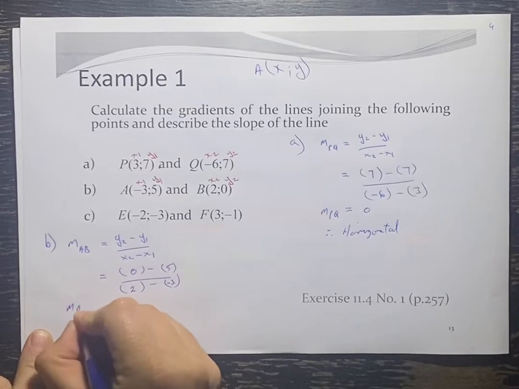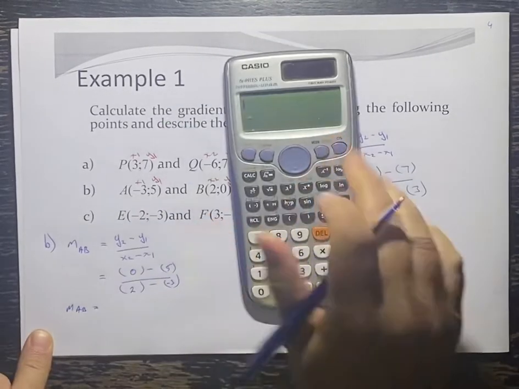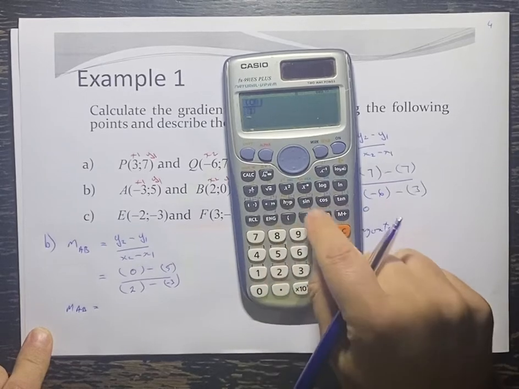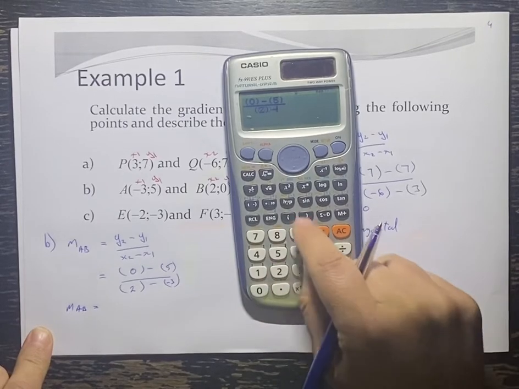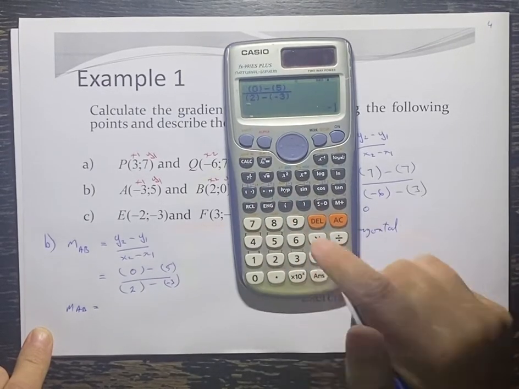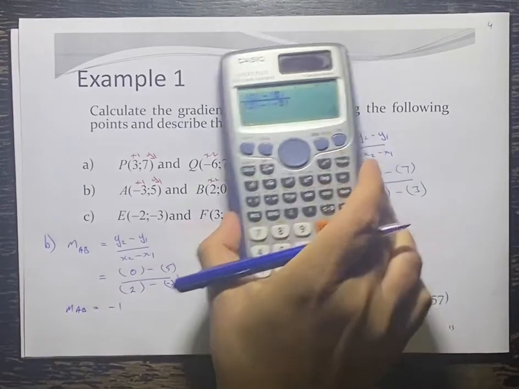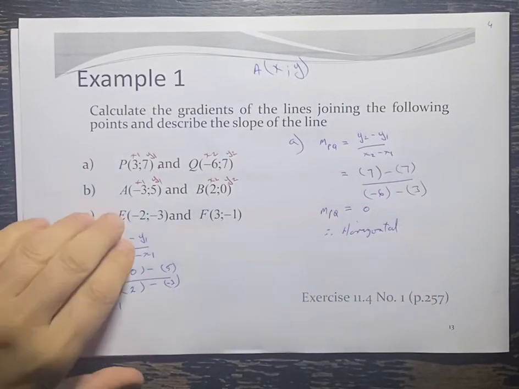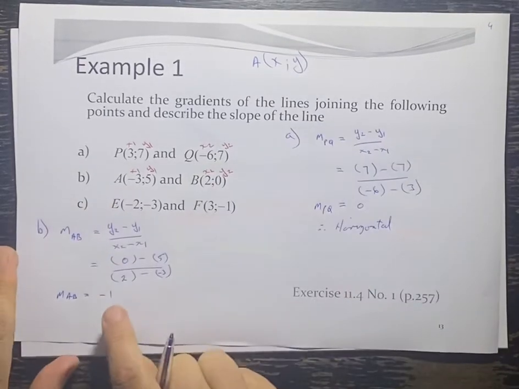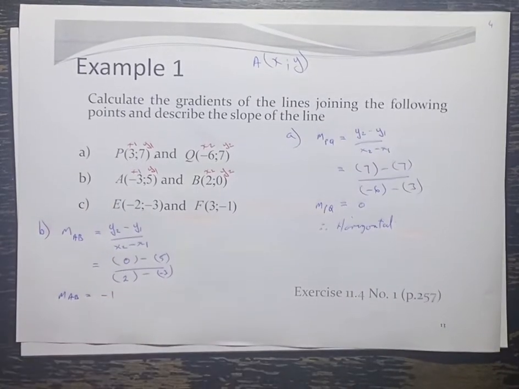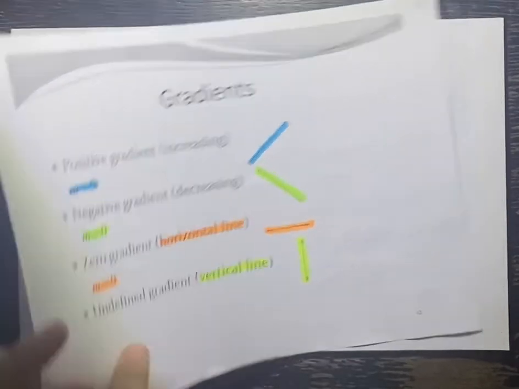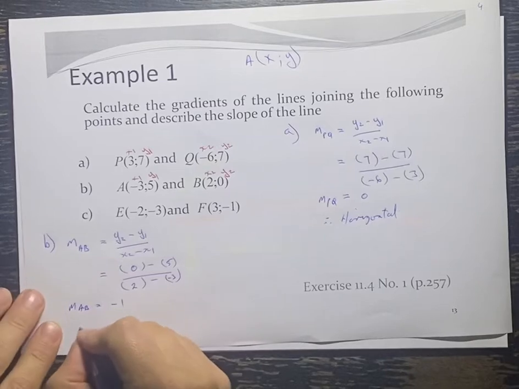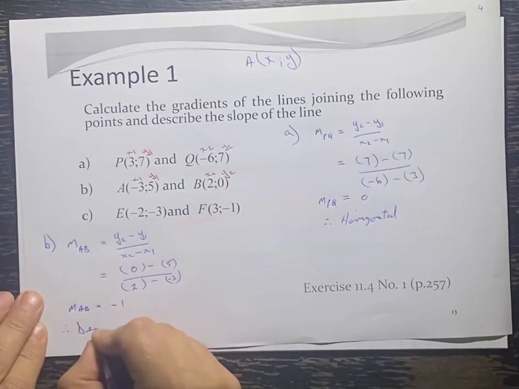So we get the gradient of AB is equal to minus 1. Now this is a negative number. I don't care what the number is just yet. Just the fact that it's negative, we are going to classify it with a negative gradient. So therefore it is a decreasing line.